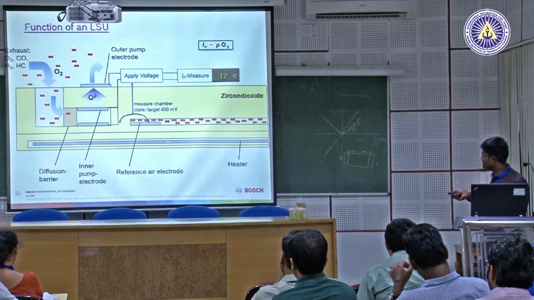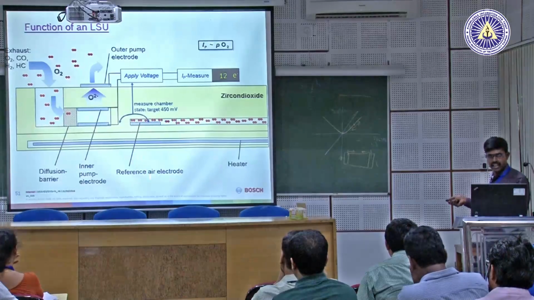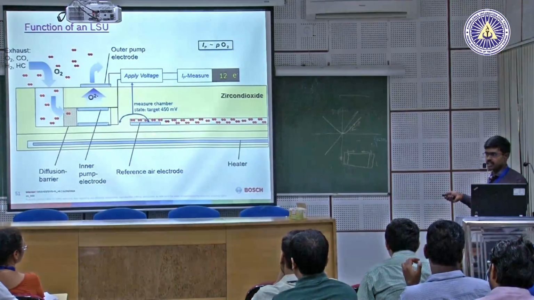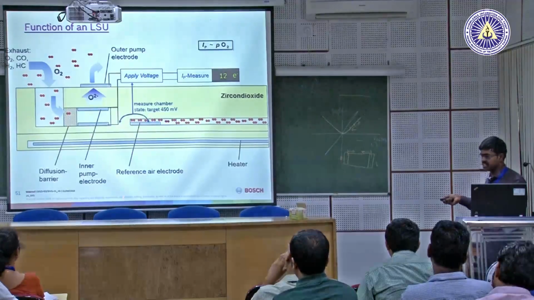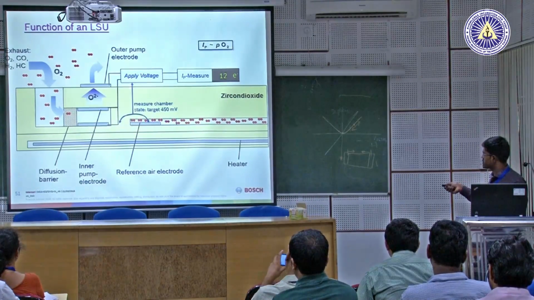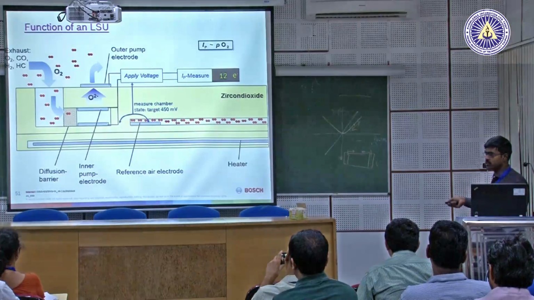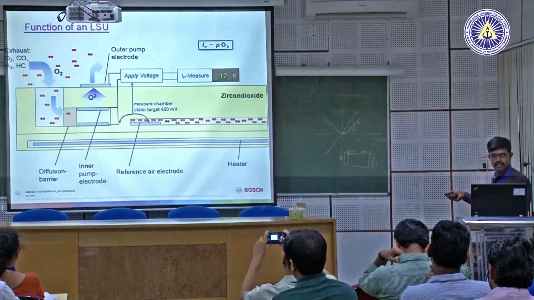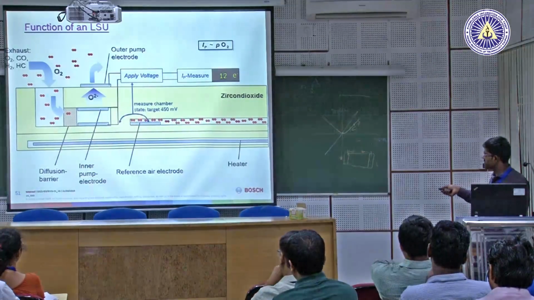So, there is a chamber inside the sensing element, which is maintained at a voltage level of 450 millivolts from the ECU. You are applying the voltage, taking the current from the ECU. So, lambda equal to 1 is maintained here. Okay. So, this is a reference.